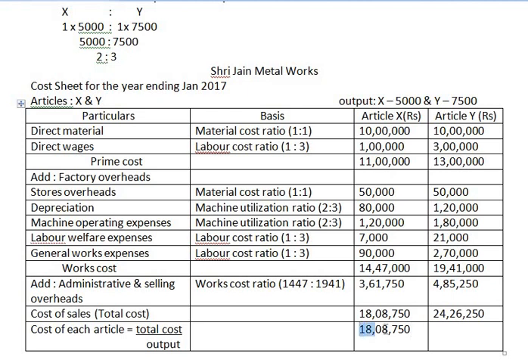So divided by output, output is 5,000 articles, right?